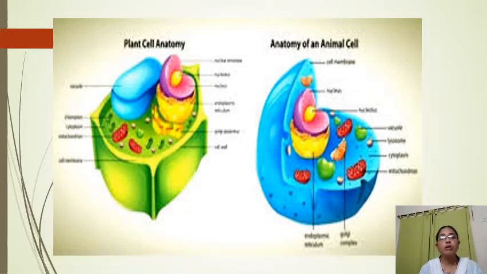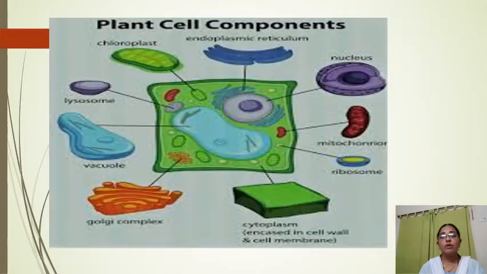In the plant cell you will find the nucleus, the pink colored portion, shifted from the center because of the large vacuole, since space is not there. In the animal cell the nucleus is in the center. In between you could see the yellow color; the yellow color is DNA, the genetic material. The other things are all the same.